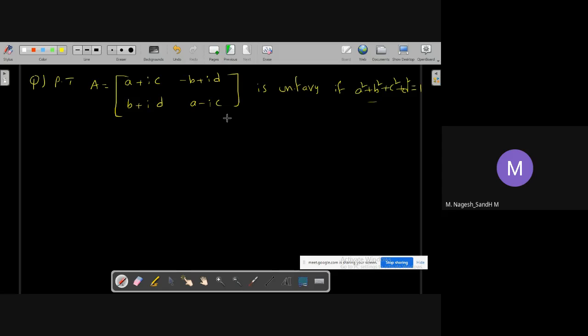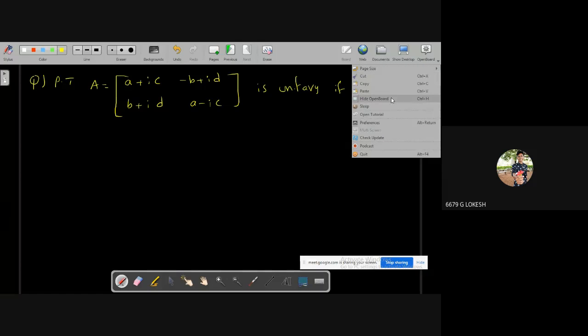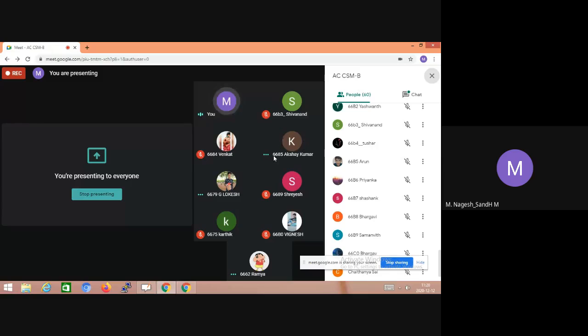My kind request: if Chaitanya Sai comes, please tell me. Sir, he raised his hand, sir, he came. Wait a minute. Is there Chaitanya Sai? Chaitanya Sai, can you speak? Sir, he left. I think he is an unknown person.